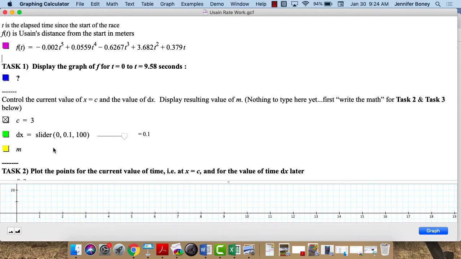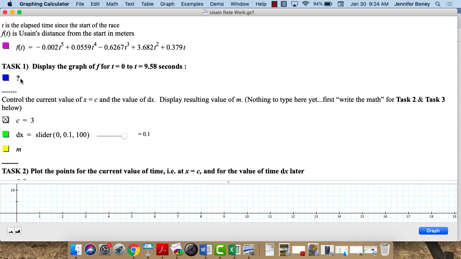So first task, right now you should have a blank graph down below. Type something in this line where right now you either see a question mark or an error message, or it says nothing to graph, depending on where you've clicked. Type something on that blue line to make it graph the function f of t shown above. We can't really use t because GC wouldn't understand; GC understands y's and x's as graphs.